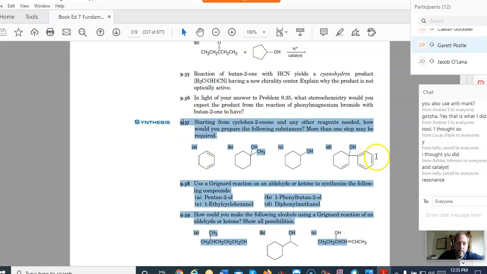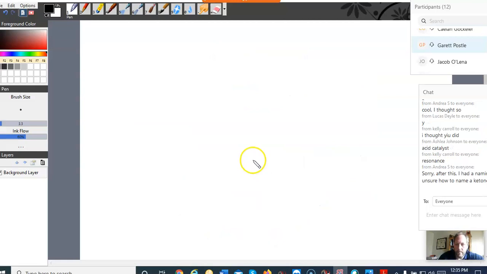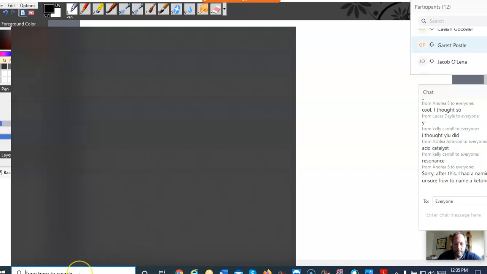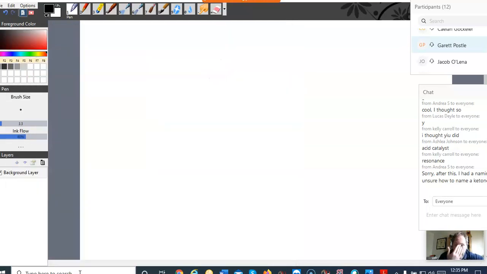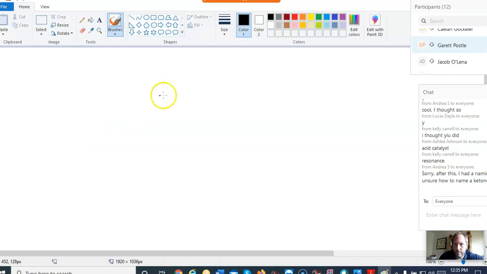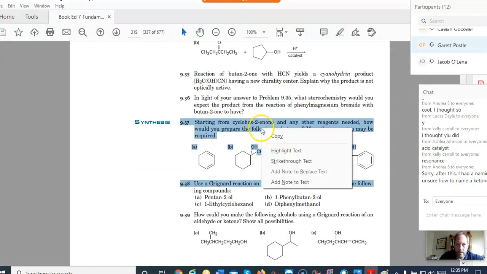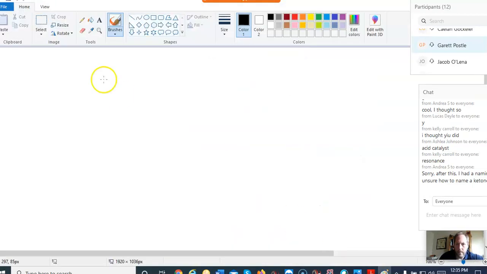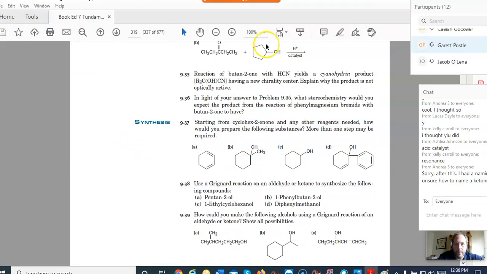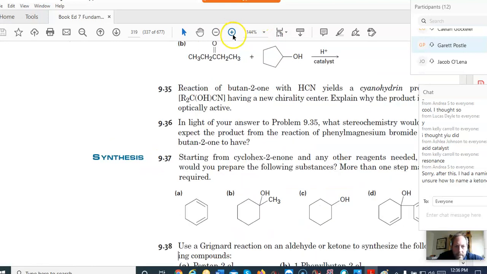Let's see what happens. I don't think it'll paste it here. Maybe paste it in paint. Yeah, it's not doing it. Okay, that's all right. You guys are able to see this.